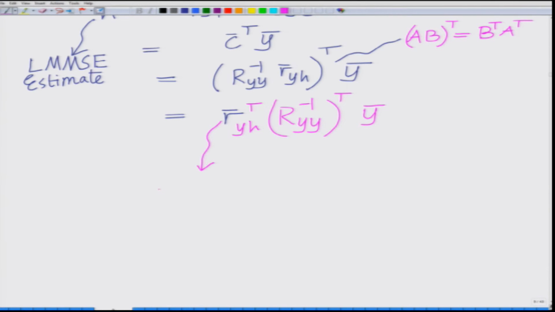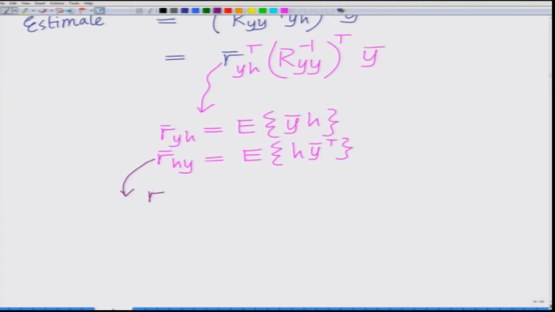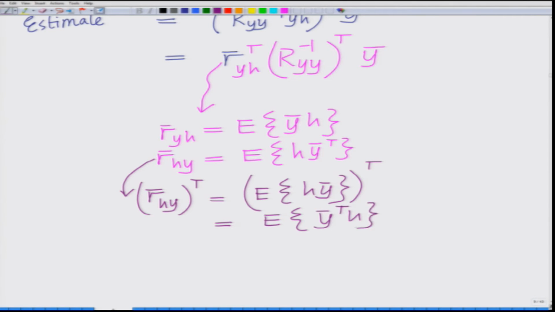Now observe two things. One is this R bar YH is expected value of y bar into H, and R bar HY is expected value of H y bar transpose, and therefore, if you take the transpose of R bar HY, that is equal to expected H y bar transpose, which is equal to expected value of y bar transpose into H, because H is a scalar quantity, H transpose equal to H. So, this will be R bar YH.